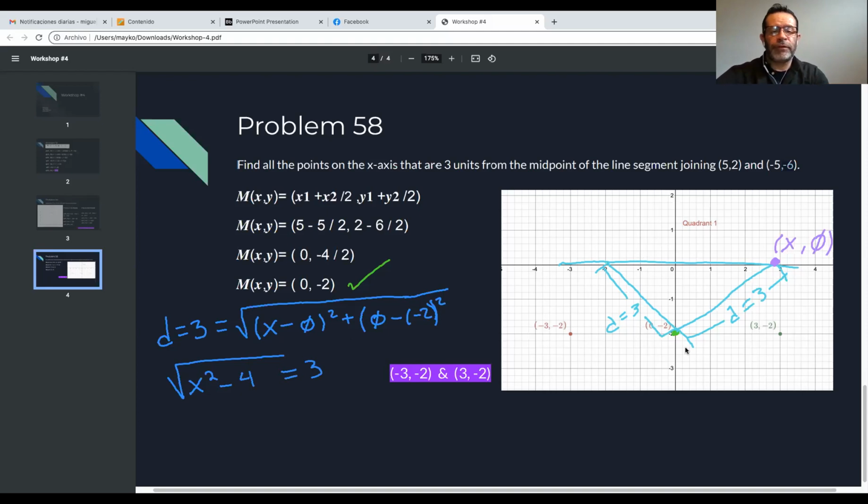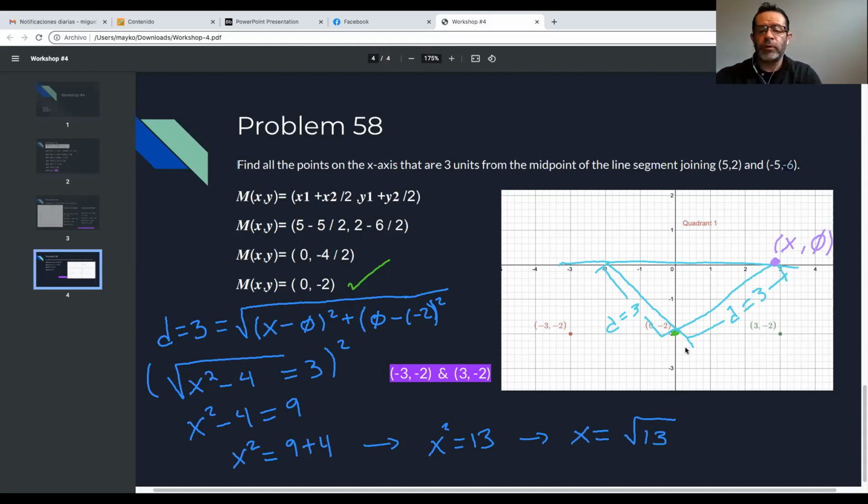I can square both sides, and this would give me x squared plus 4 is equal to 9. This would mean that x squared is equal to 9 minus 4, so x squared equals 5, which would mean that x is equal to the square root of 5.